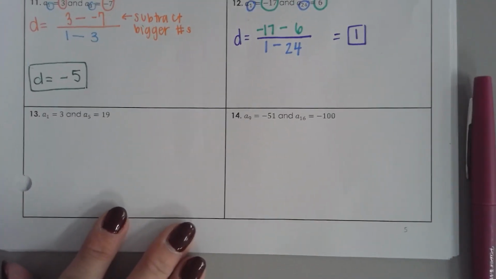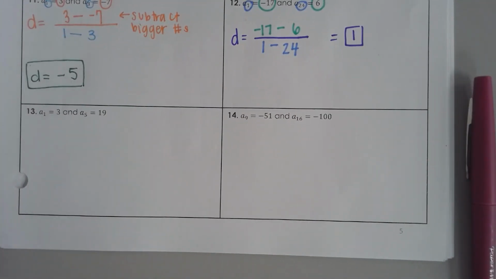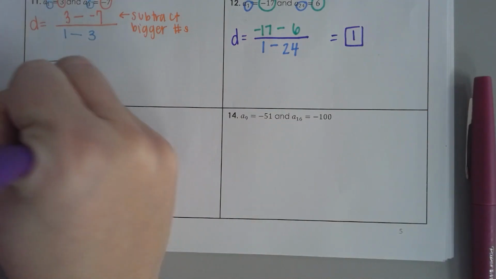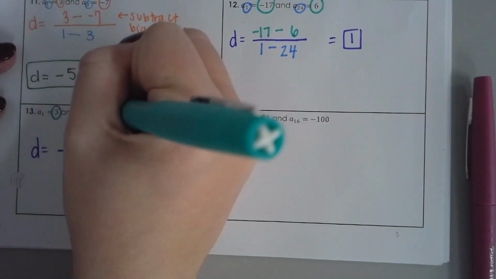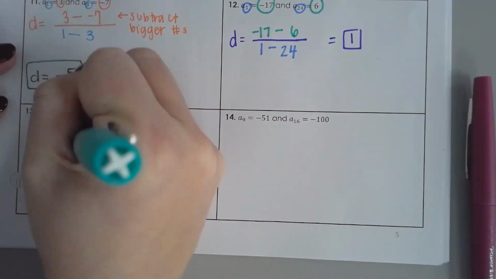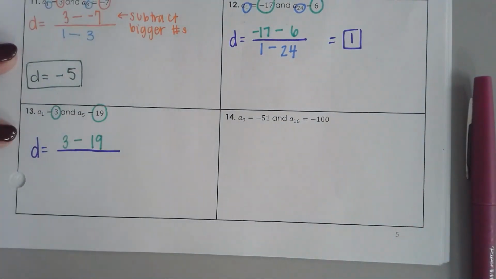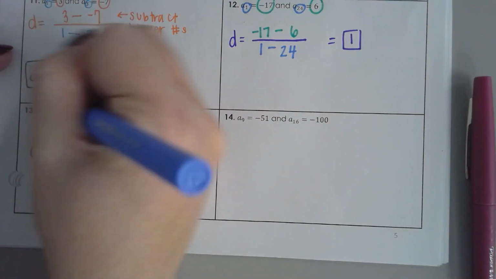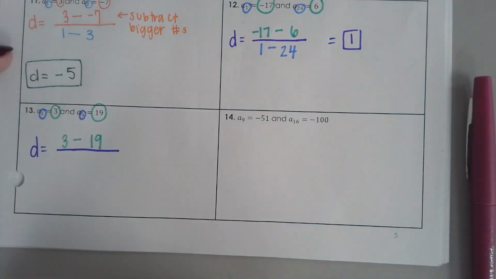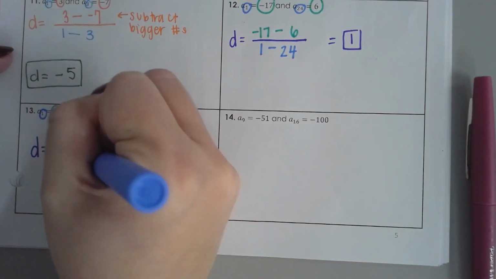So let's try number 13. We'll do these bigger numbers on top: 3 minus 19 on top, and then the little numbers, alpha y equals 1 minus 5 on bottom.